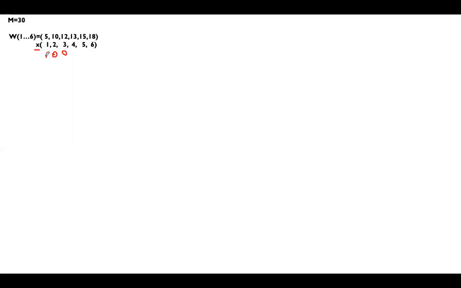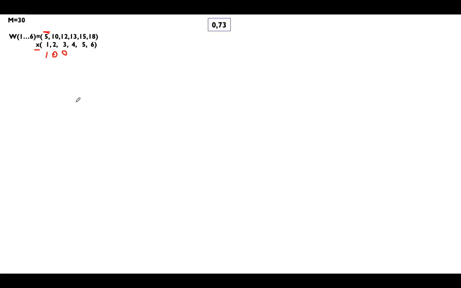That is, x1, x2, x3 indicate whether that particular element is selected or not. x1 is the first element, x2 is the second element, x3 is the third element. So x indicates whether that particular element number is selected in our choice of subsets.